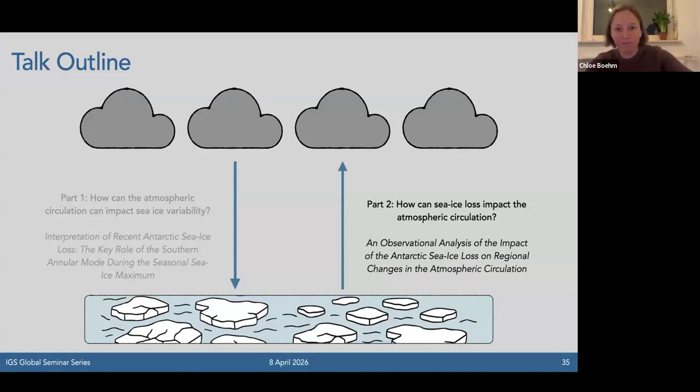Now I'll move on to the second part, which, as I mentioned, was exploring how much some of these sea ice anomalies, the recent sea ice loss, can impact the atmospheric circulation, and how we can use observational tools to explore this question a bit more.